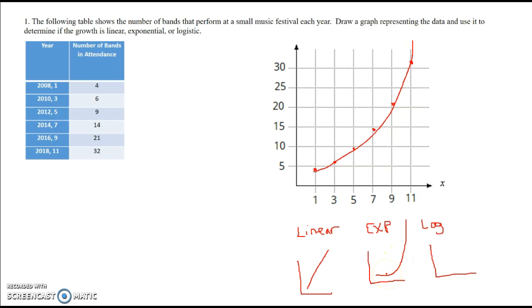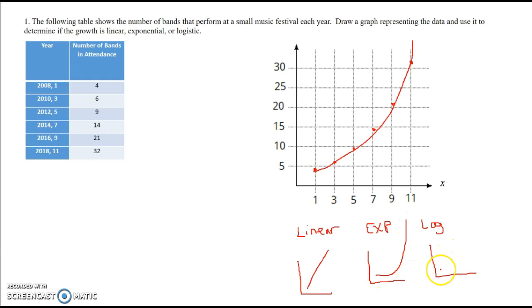Also, exponential growth happens when the growth is based on a proportion or a percent of the previous population. Okay? So as the population gets larger, the growth gets quicker because there are more members of the population.